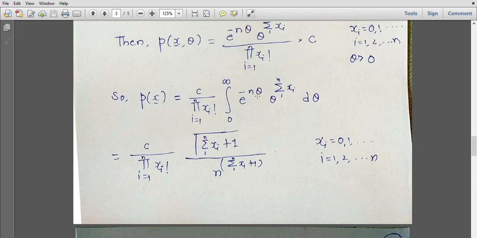Integration of e raised to minus n theta, theta raised to summation xi will be simply gamma of summation xi plus 1 upon n raised to summation xi plus 1. Summation xi can also be written as n times x bar. So the prior predictive distribution comes out to be c upon product of xi factorial into gamma of n times x bar plus 1 upon n raised to n x bar plus 1.